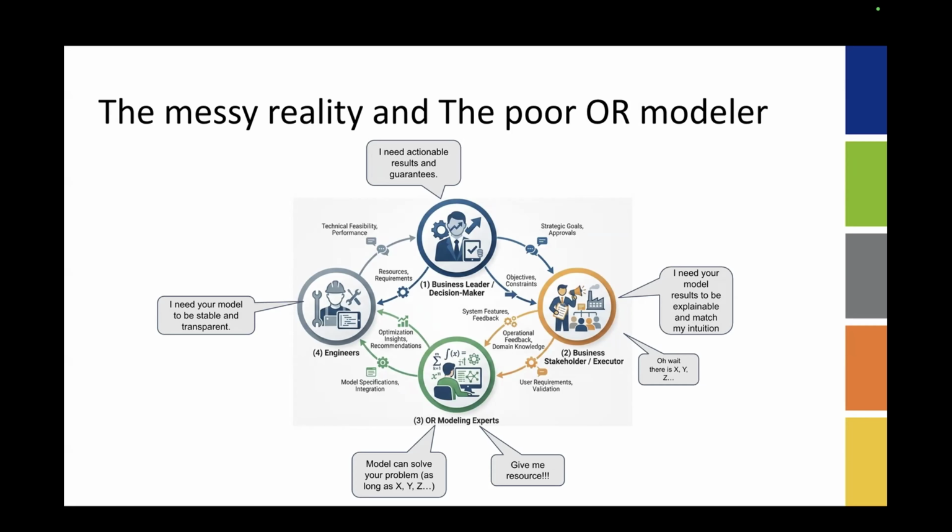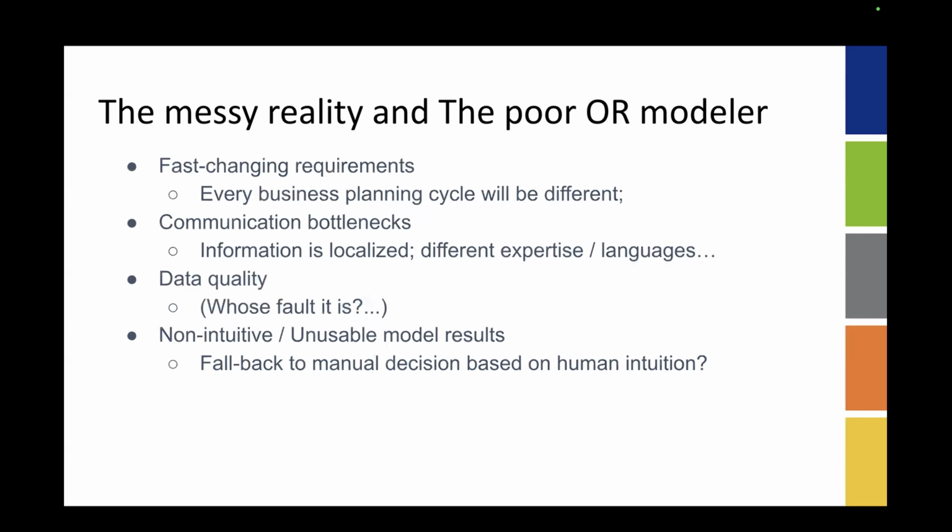So it's not so easy or straightforward to convince people, or to make optimization actually drive the actual decision making. Several challenges come in the shape of data quality problems, very fast changing requirements, and communication bottlenecks.